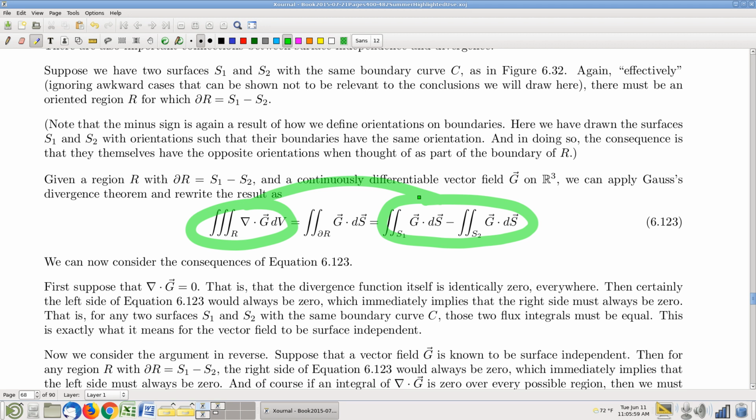So divergence equals zero gives you surface independent. And you can turn it around just fine. If a vector field is surface independent, these two fluxes are equal. Therefore, this difference is zero. Therefore, this triple integral is zero. How could a triple integral possibly be zero for every solid, no matter what solid you pick? The integrand, the divergence, must be zero.